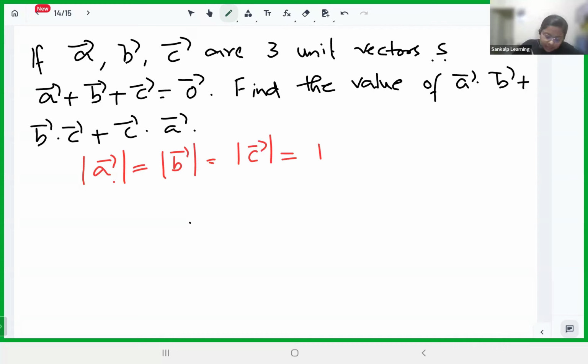And they have given that vector A plus vector B plus vector C is equal to vector 0. Find the value of A dot B plus B dot C plus C dot A.